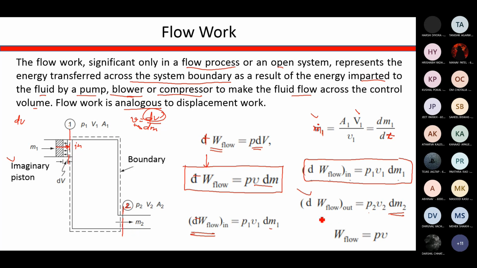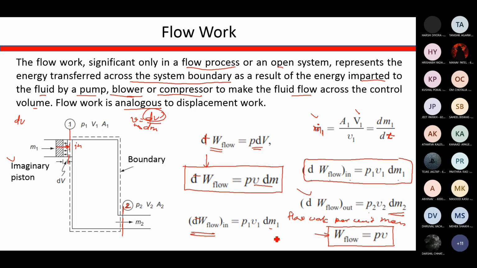If I want to find out the flow work per unit mass, I am writing it here: flow work per unit mass. I have to take this mass on the left hand side. Then if I divide this dW by dm, this term indicates the flow work per unit mass. So the same expression can be written like this: W flow is equal to P into v, pressure into specific volume.